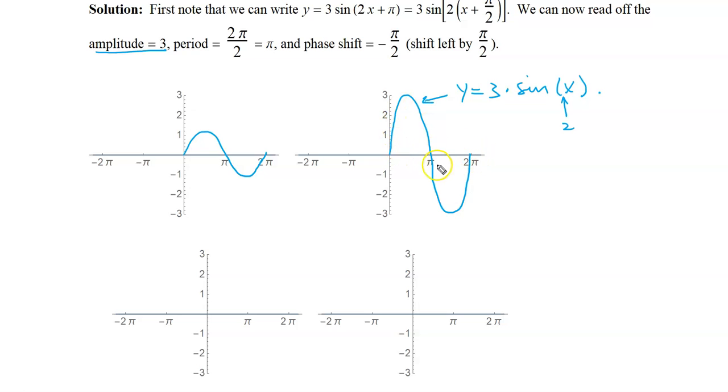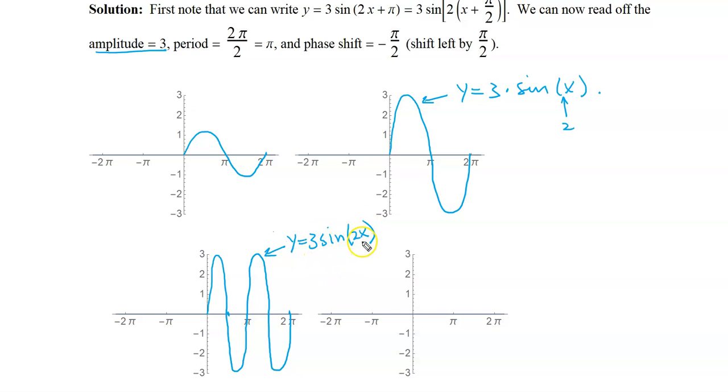So instead of repeating every 2 pi units, it repeats every pi units. And then we would have a graph that looks like this. So that is a rough sketch of the graph of three times the sine of 2x.